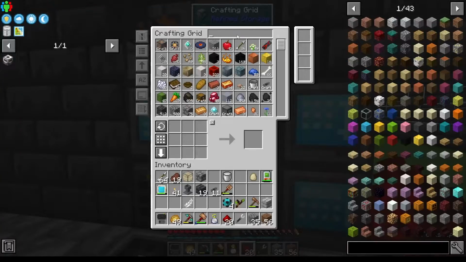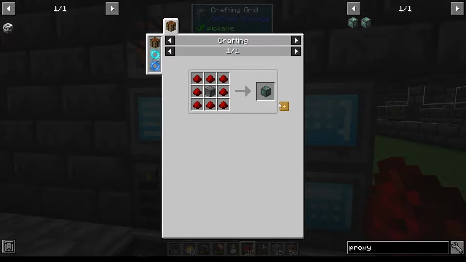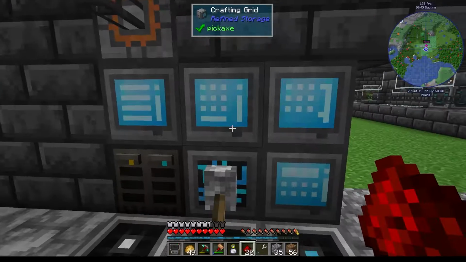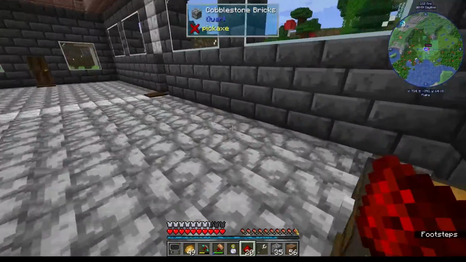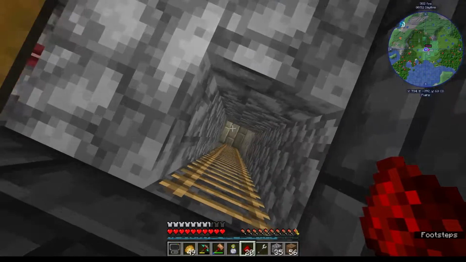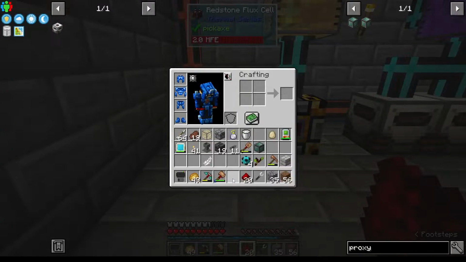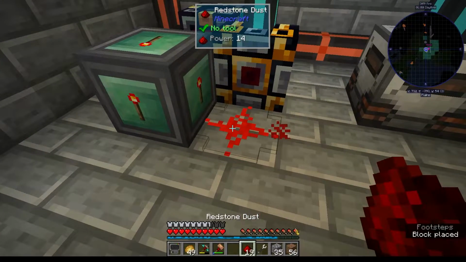So can you make a proxy block? Stone proxy is that. It might need to be a proxy update block too, I'm not sure. Let's see what happens. So basically, if we put one of these proxy blocks down, it has a power of 14.